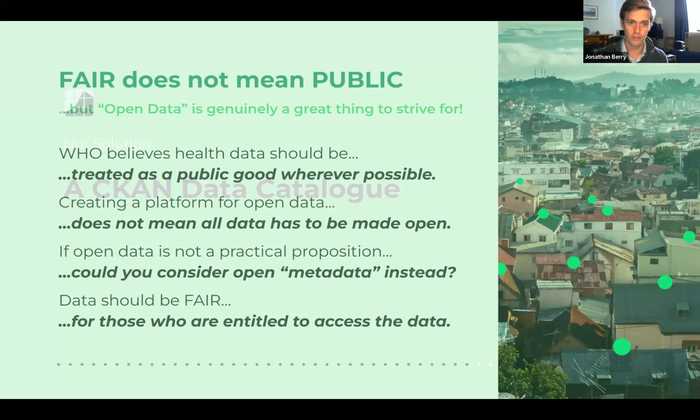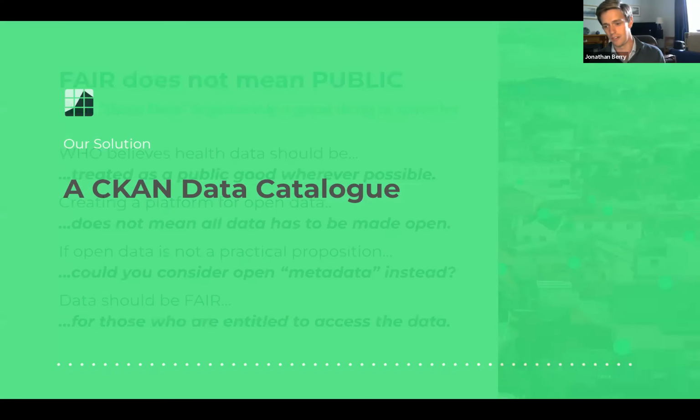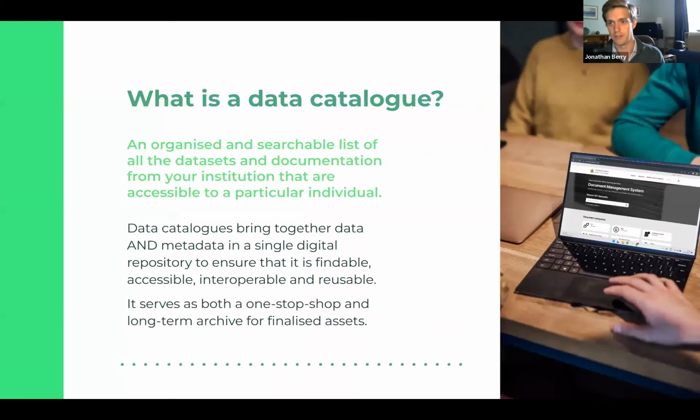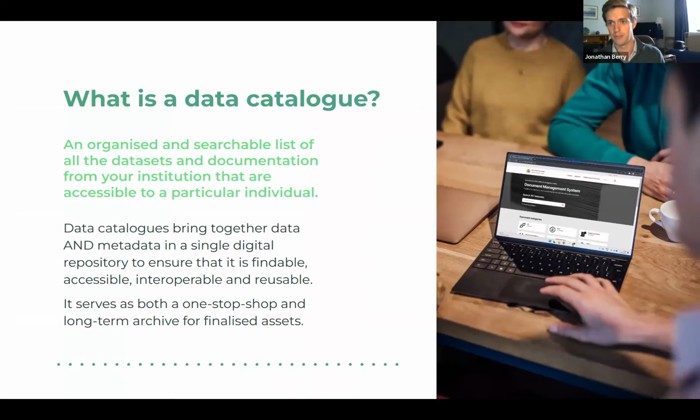Now, I'm not just trying to present problems and big abstract ideas. We do have a solid solution to present: a data catalog. So first of all, what is a data catalog? Well, a data catalog is an organized and searchable list of all the data sets and documentation from your institution that are accessible to a particular individual.